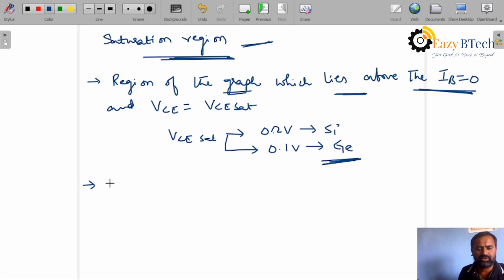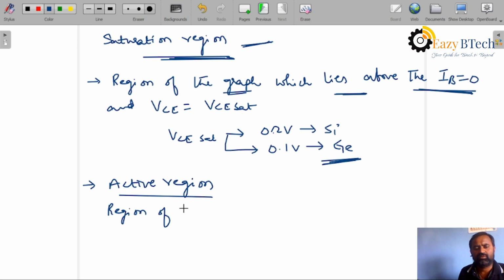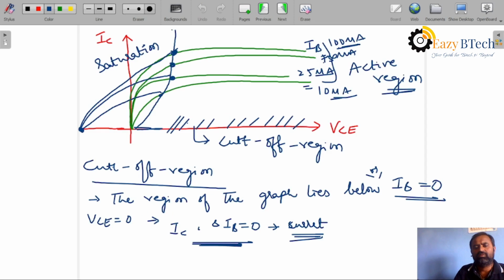Next, the active region. This region of the graph is where IB is greater than 0 and VCE is greater than 0.